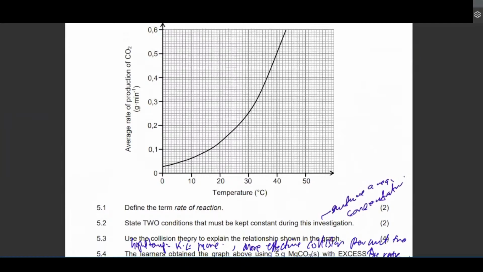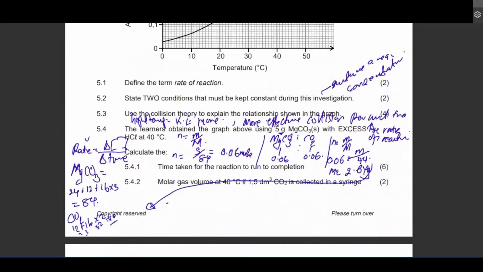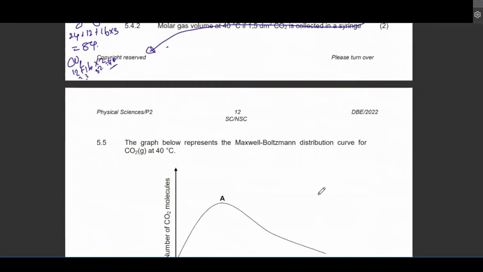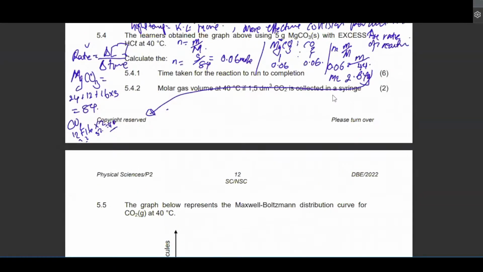So when you subtract, it is around 0.5. So the average rate based on this is gonna be around 0.52, which is almost 0.5.